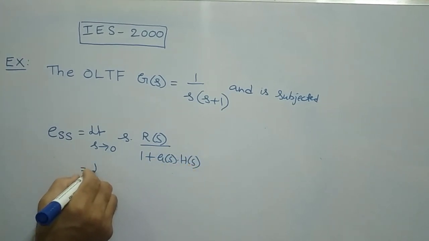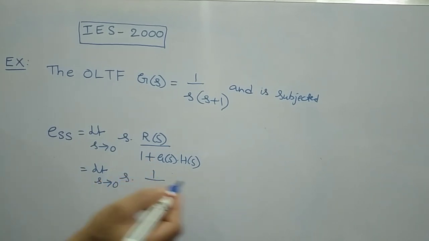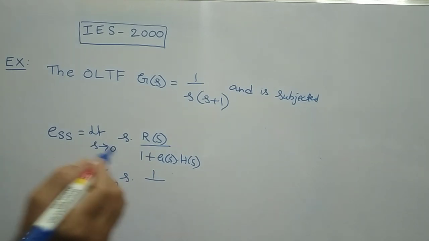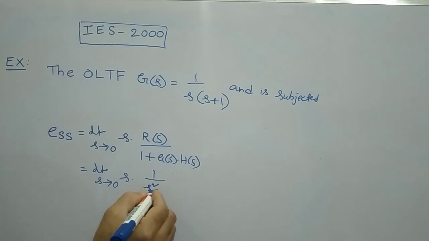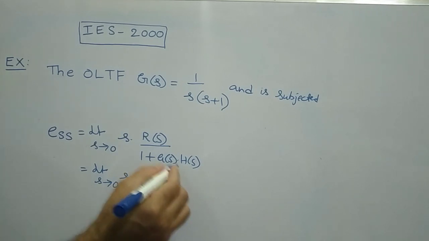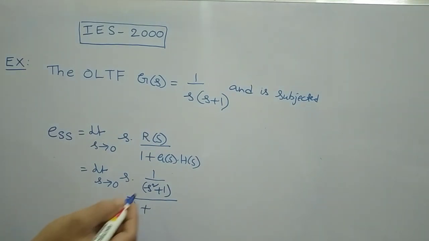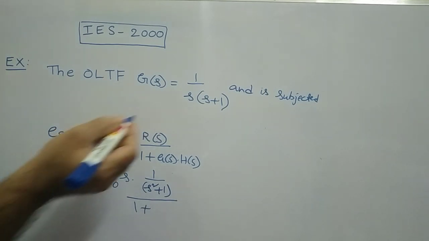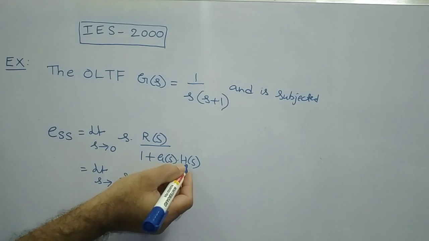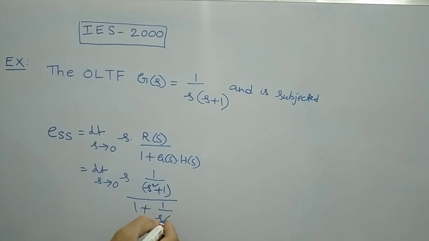Further, limit s tends to 0 of s by, what is R of s, 1 by s square plus 1, divided by 1 plus, what is G of s into H of s? H of s is a unity feedback system basically. It is given as a unity feedback system, nothing but H of s is 1. Therefore, directly the G of s value is substituted, that is 1 by s into s plus 1.